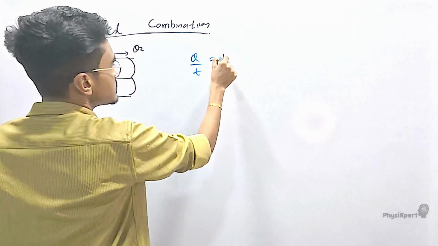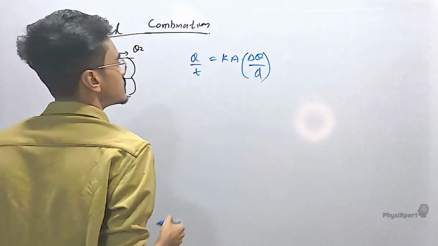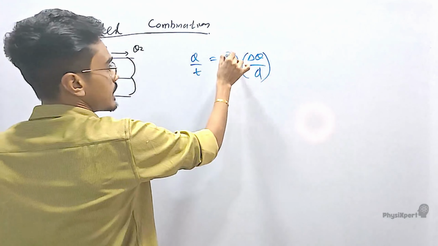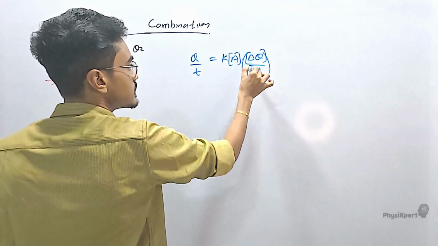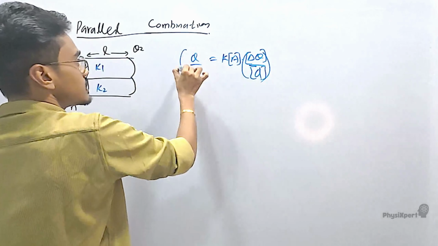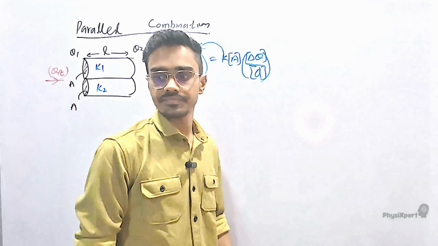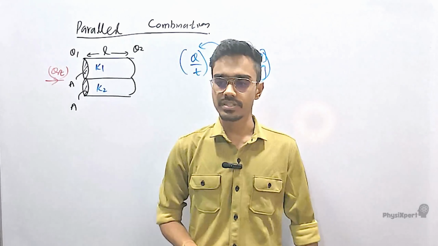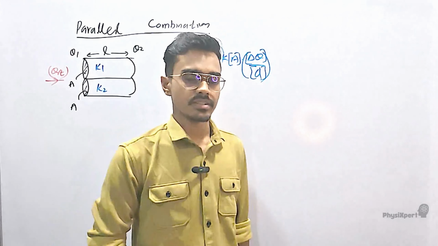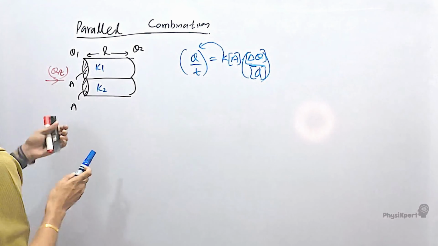Because Q over T is K A delta theta over D, right? Now, A is constant, delta theta is constant, D is constant. Then, when K is different, according to K, Q over T should be different. So different rates of heat flow occur in parallel combination, right?